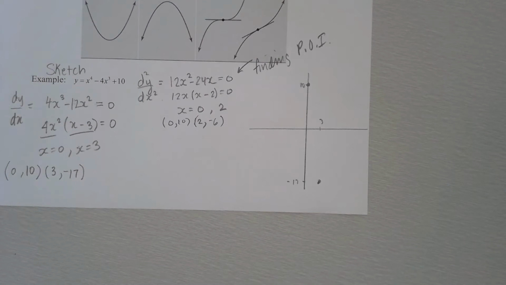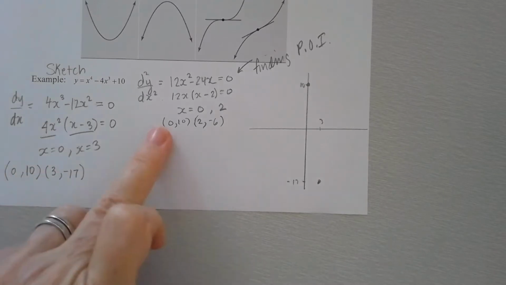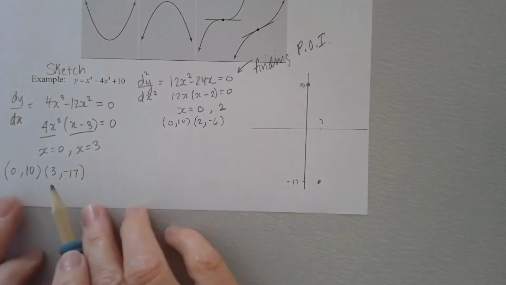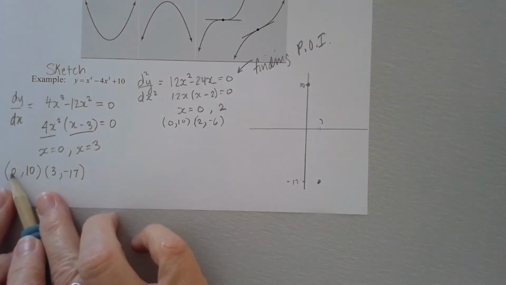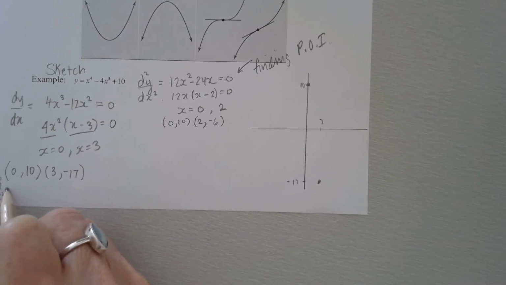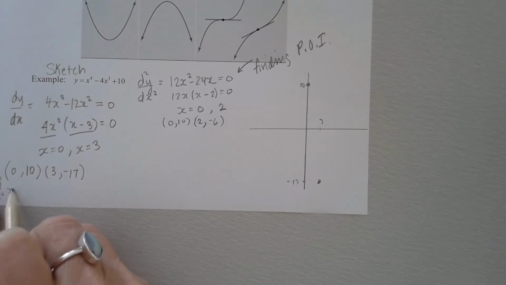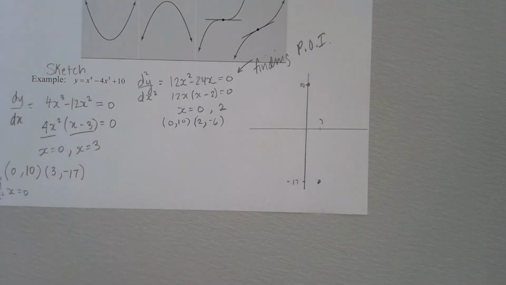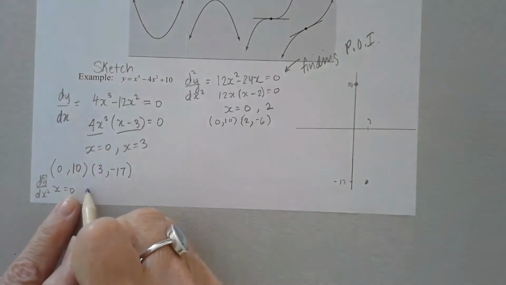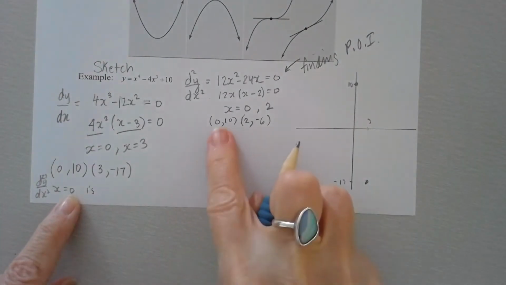All right, so what I'm going to do is I'm going to test the second derivative. I'm going to test like crazy, okay? Because if I just test the second derivative here at x equals 0, the second derivative at x equals 0 is 0.